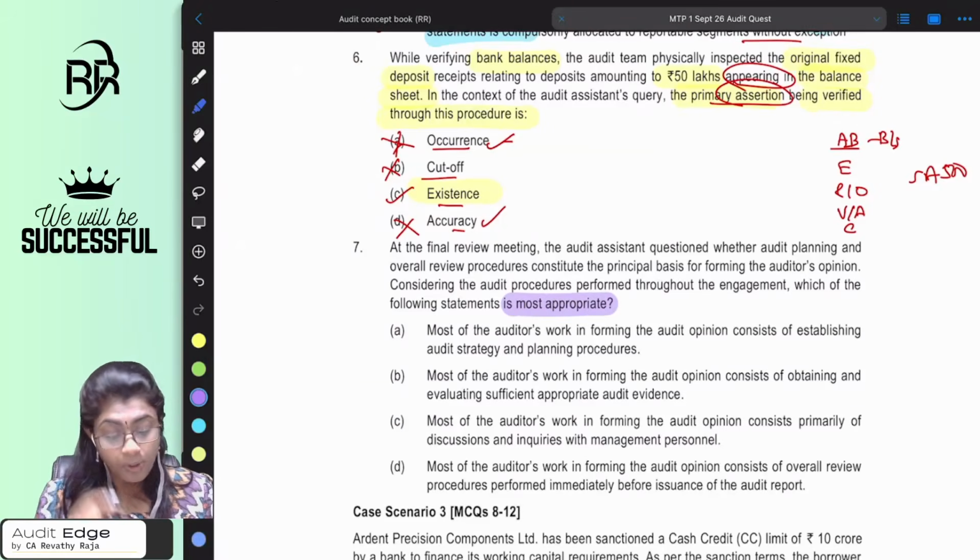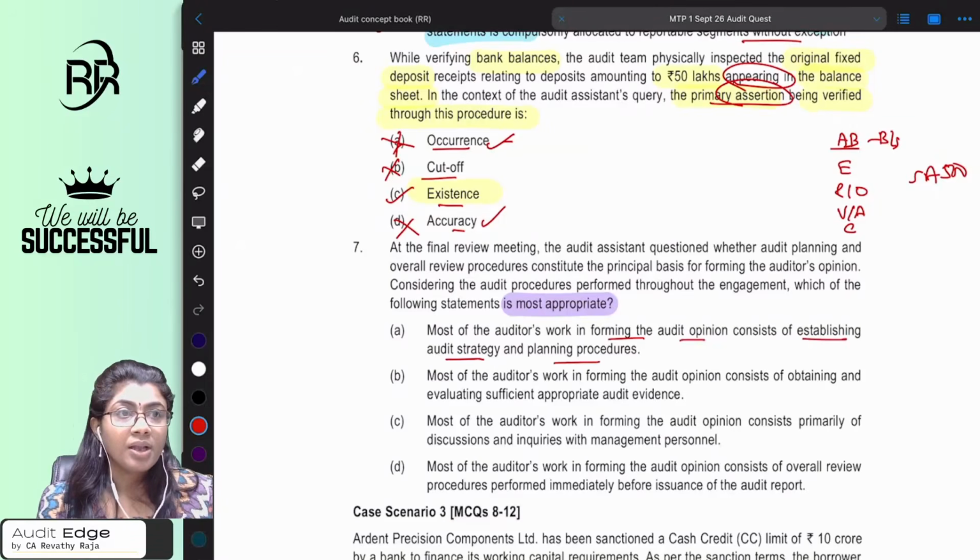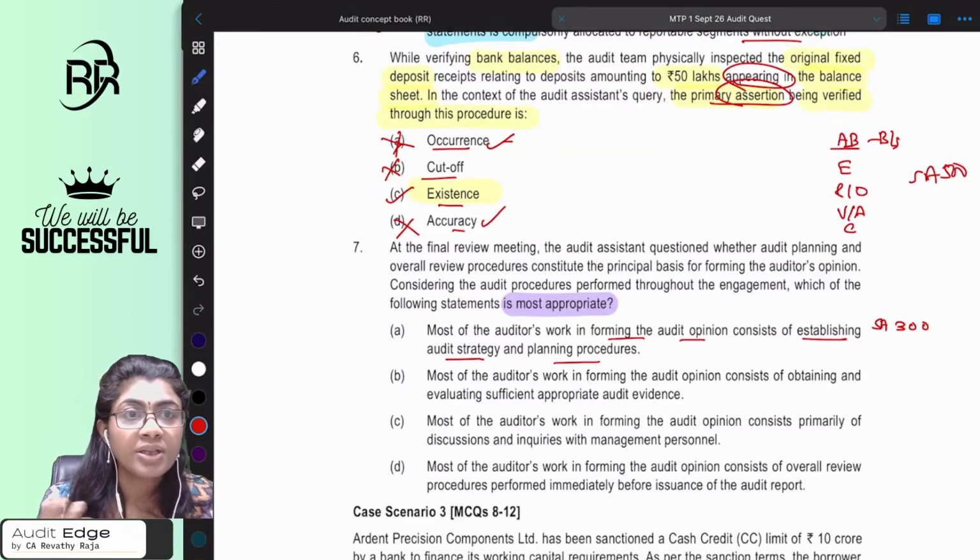They are asking most appropriate. Most of the audit work in forming an opinion consists of establishing strategy and planning. See, we learned in SA 300, strategy establishes the scope and direction of the audit, planning is performed to conduct the audit in an effective manner.